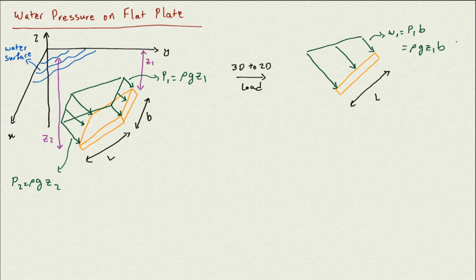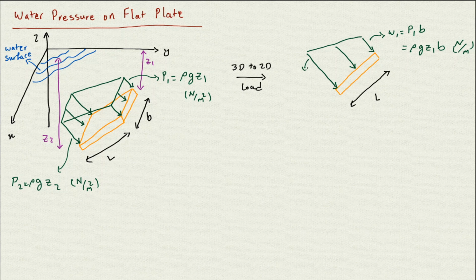And it's going to be in Newton per meter. So remember, the pressure here is in Newton per square meter. Same here, it's in Newton per square meter. But here it becomes Newton per meter.